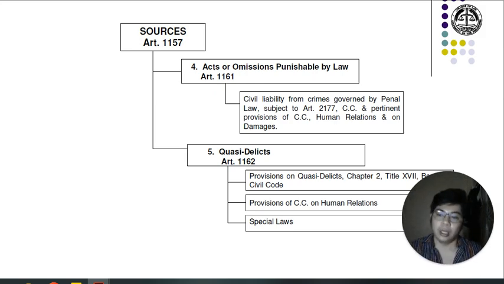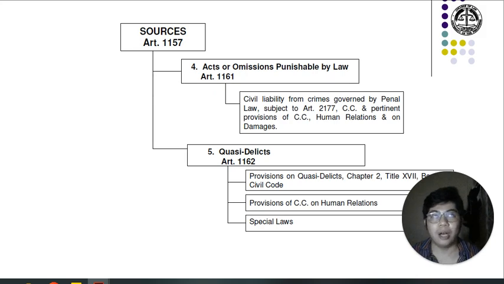So what distinguishes a quasi-contract from an ordinary contract? Okay, di ba we discussed earlier what is a contract? Then what is the difference of a quasi-contract from a contract? It is the absence of consent, di ba? Because a contract has the essential requisites of consent, object, and cause. While in a quasi-contract, kay voluntary man siya, unilateral man siya, therefore there was no consent in the first place.